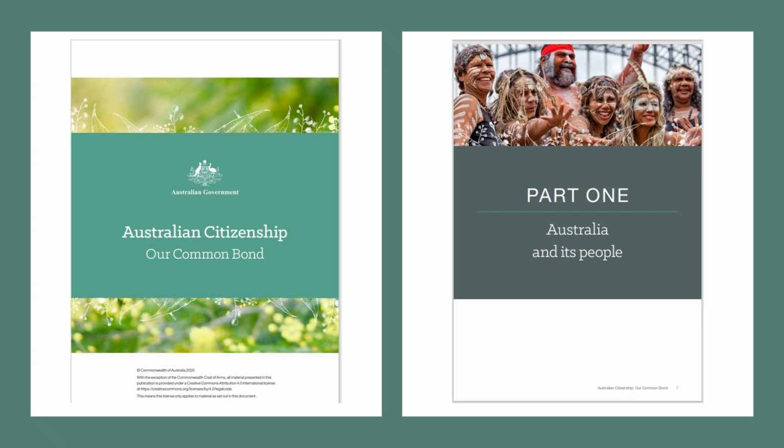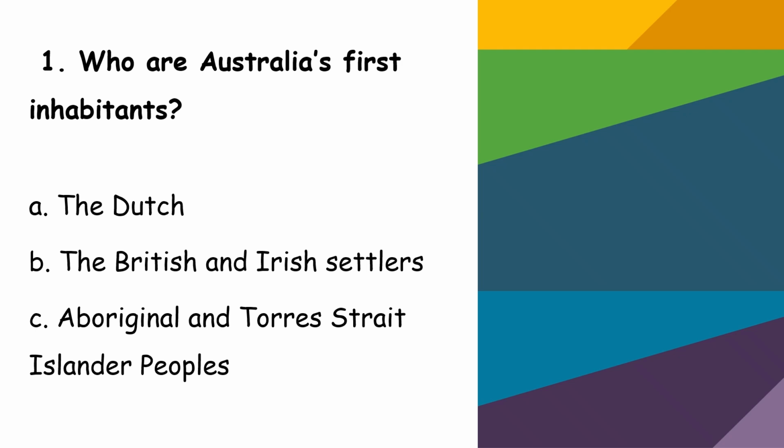Okay, let's get started on the test questions for part 1. Question 1. Who are Australia's first inhabitants? A. The Dutch. B. The British and Irish settlers. C. Aboriginal and Torres Strait Islander peoples.